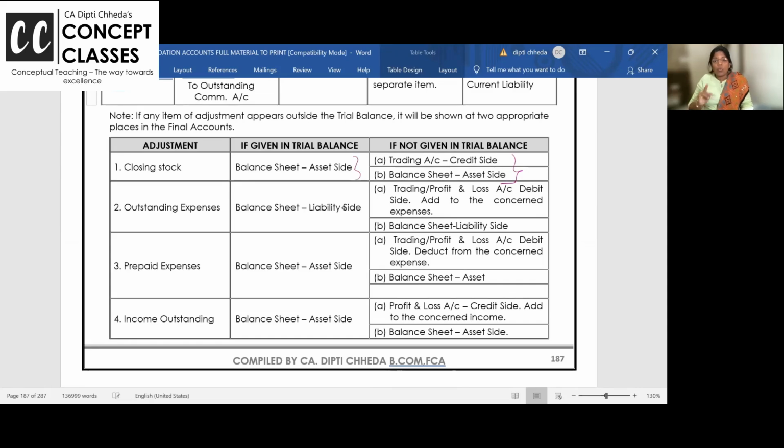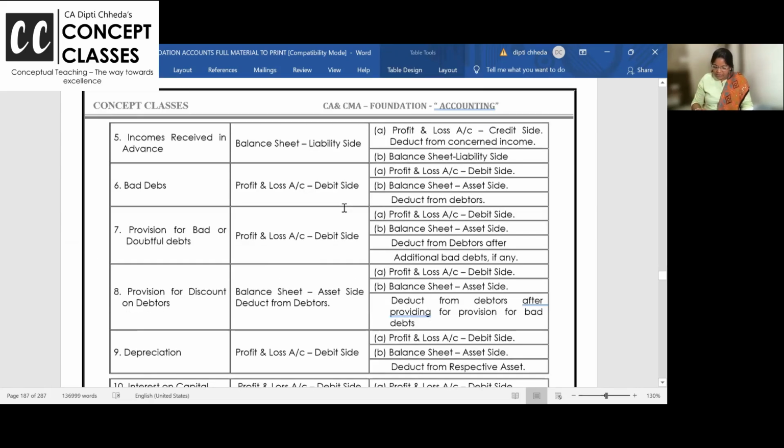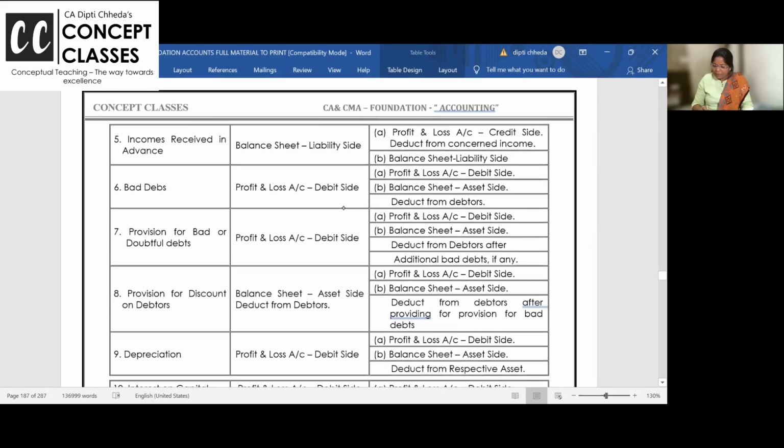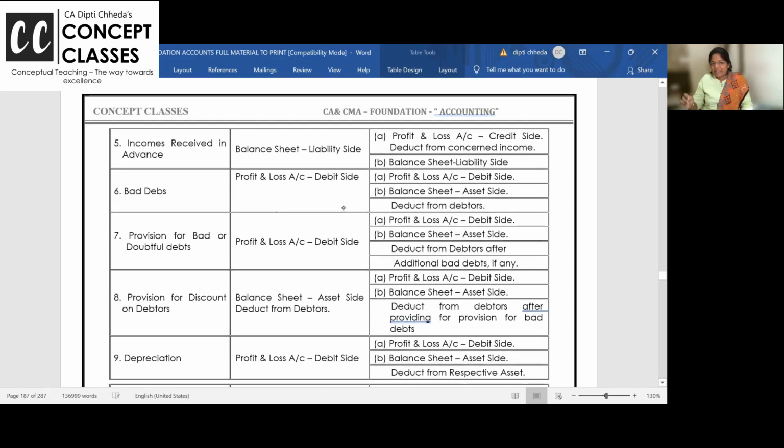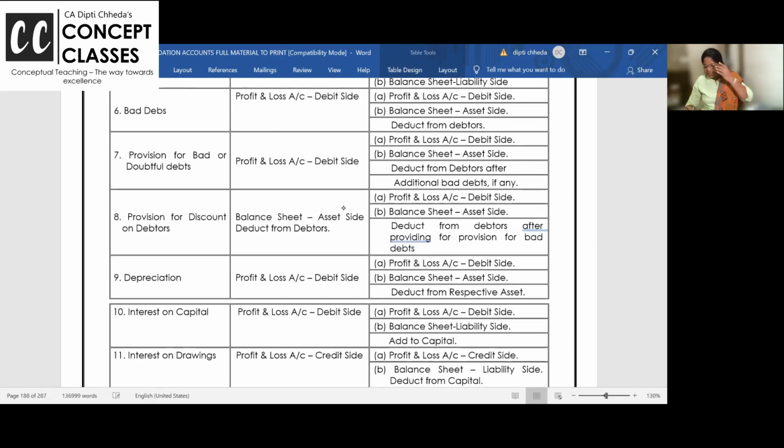If you have given one effect, take it in the balance sheet. Not always, huh? Like if you see depreciation or bad debt, if it is already deducted from the data, then it will go only to the P&L. Even depreciation, deduct from the asset, put in the P&L. But if you have to give one effect, put it only in the P&L account.